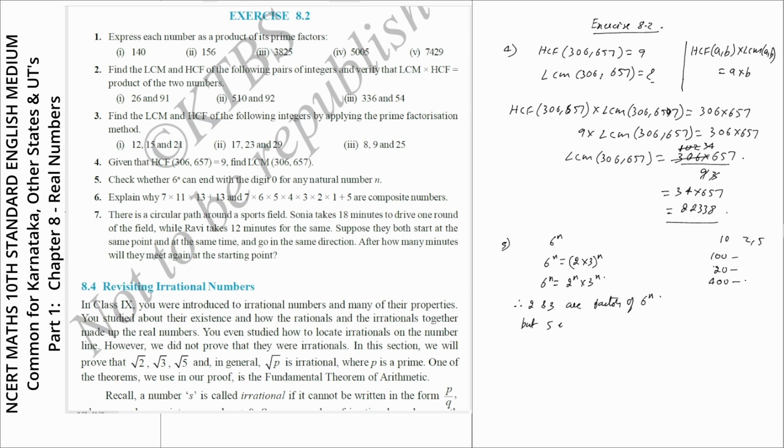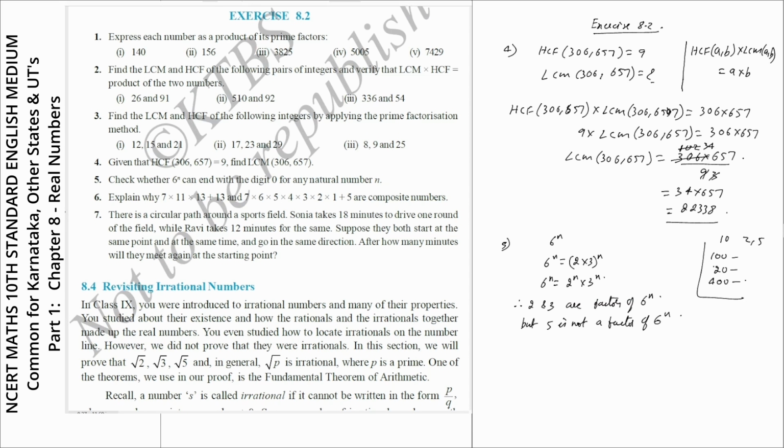But 5 is not a factor of 6 to the power of n. As I told you here, if the number is divisible by both 2 and 5, only then the number ends with 0. But here 5 is not at all a factor, only 2 and 3 are factors.